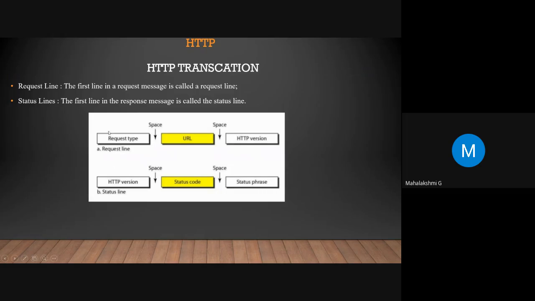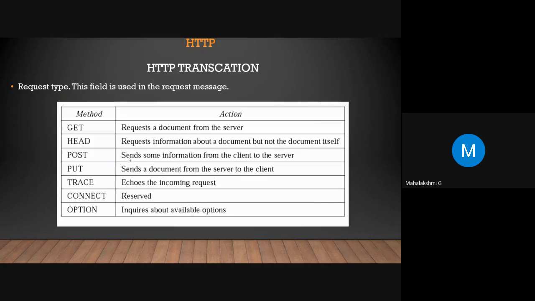Now we'll see one by one, starting with the request type. This field is used in the request message. In version 1.1 of HTTP, several request types are defined. The request types are categorized into methods such as GET, HEAD, POST, PUT, TRACE, CONNECT, OPTION, etc. And each method has a different action, which I have shown you in this figure in tabular format.